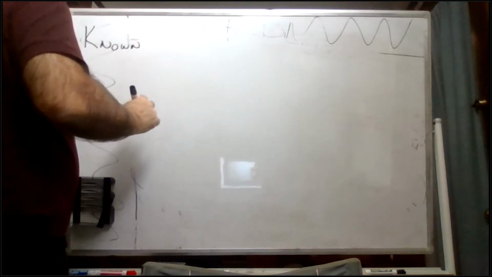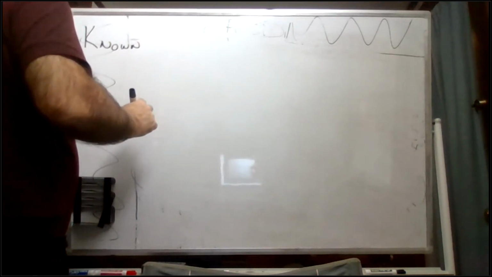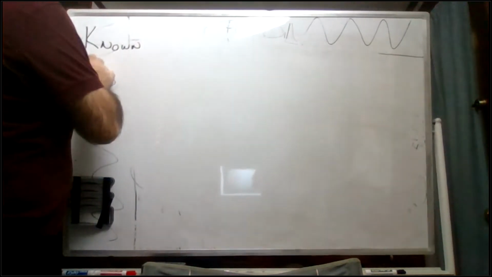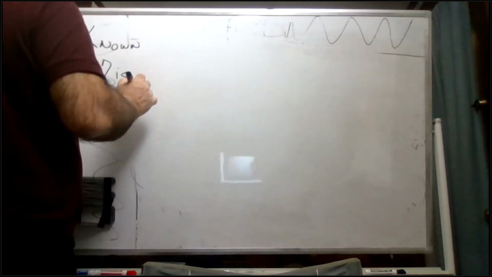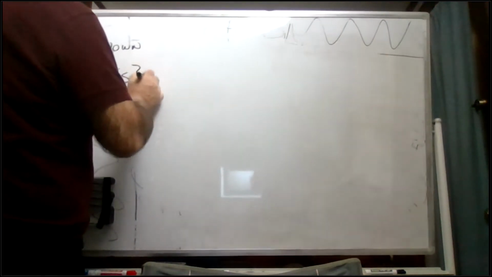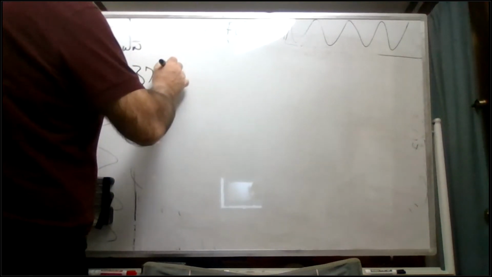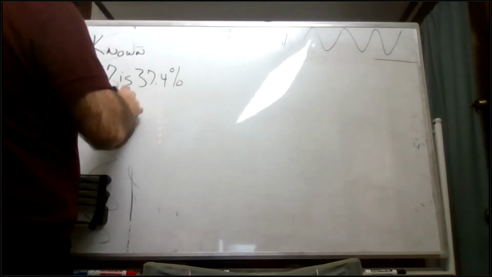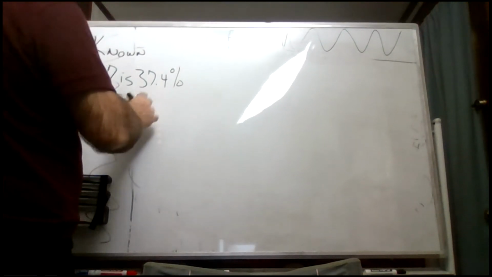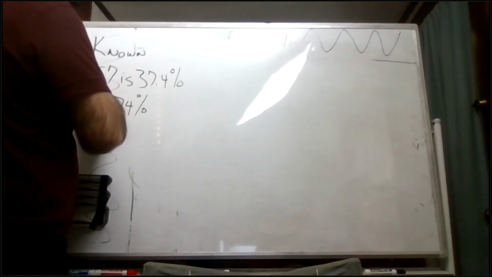Right? And the knowns are, what are the knowns? Whatever it is, they don't tell you, is equivalent to 37.4%. And then we don't know what it is at 74%.